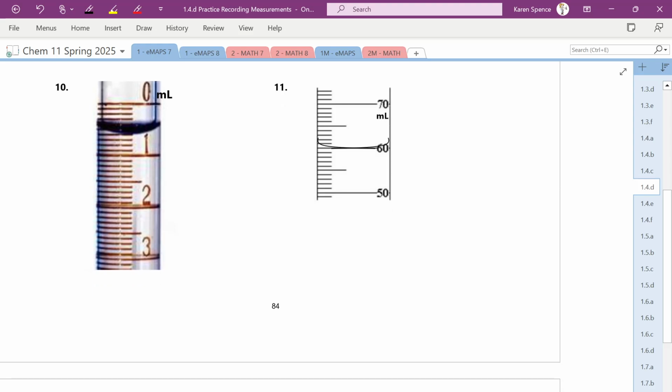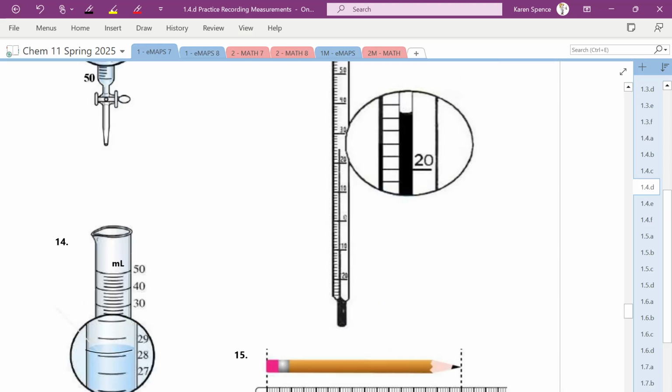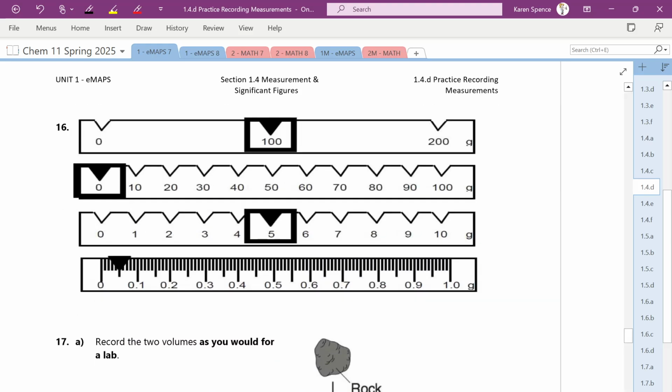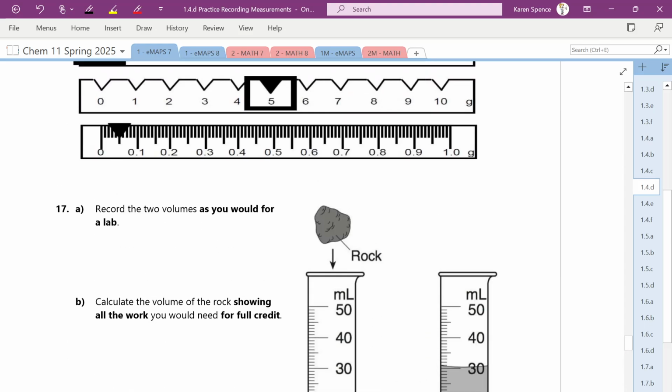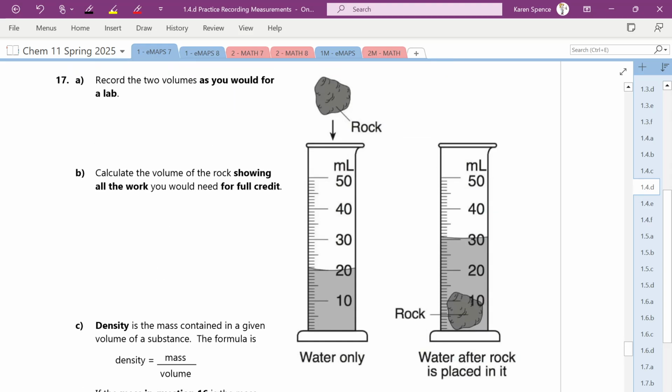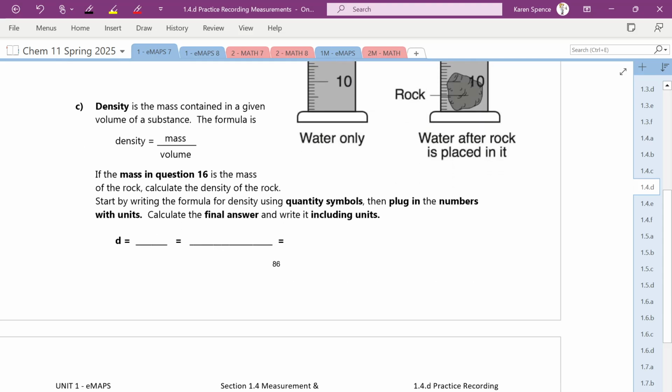So actually, I think I might just get you to do... Ooh, here was a good one. Number 17 on page 86.